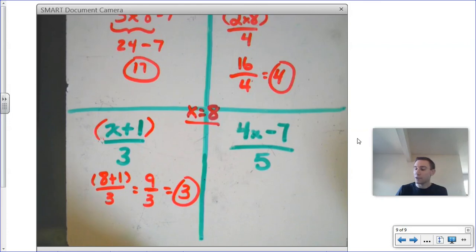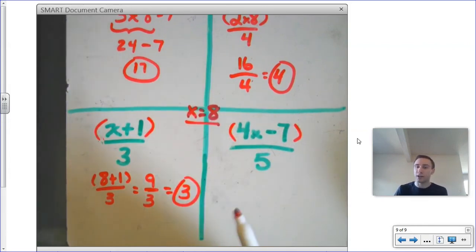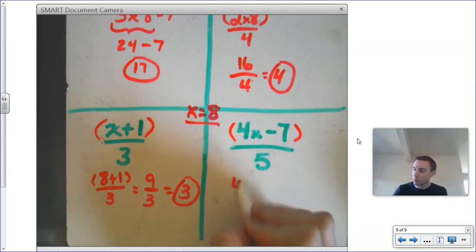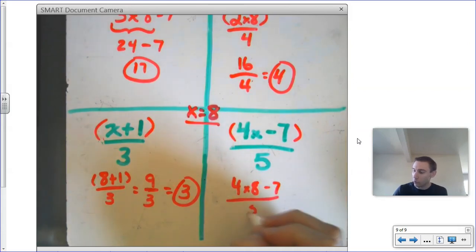All right, same thing is true in this final example. We're going to remember to do 4x minus 7 divided by 5, have our grouping symbol in there. And I'm going to end up doing 4 times 8, 4 times 8 minus 7, all over 5.